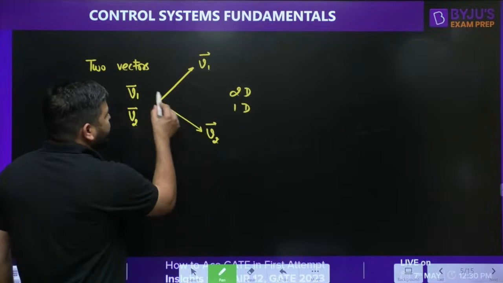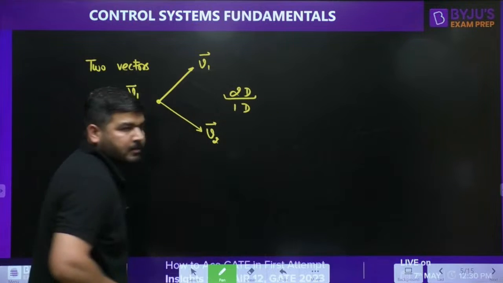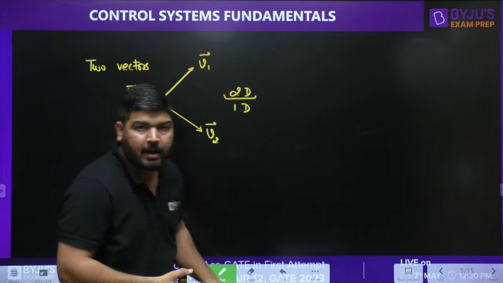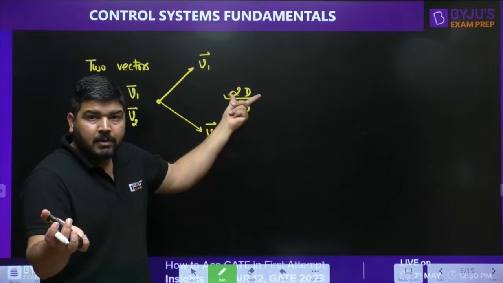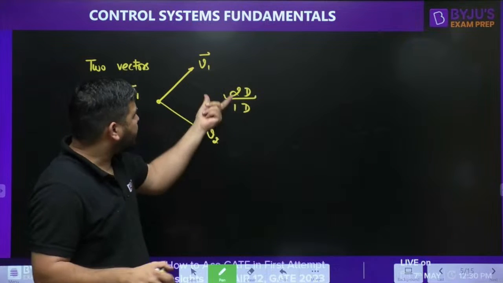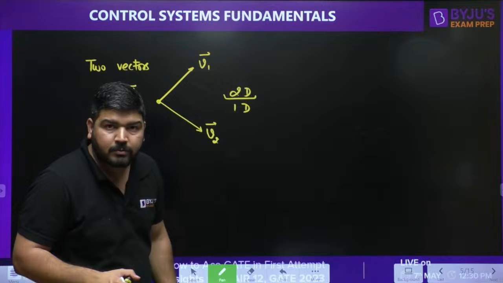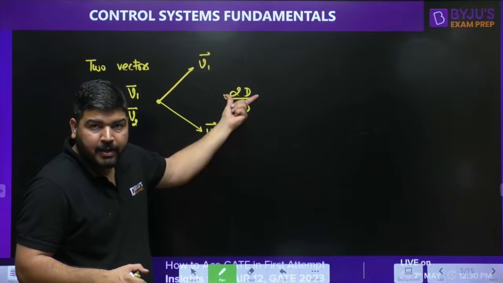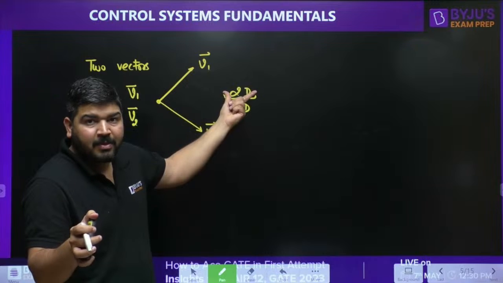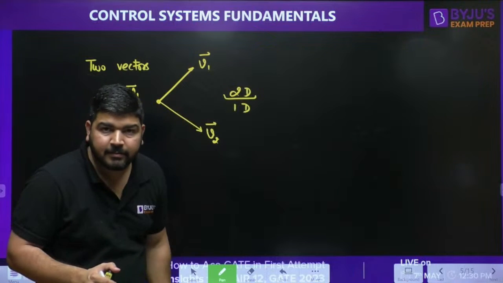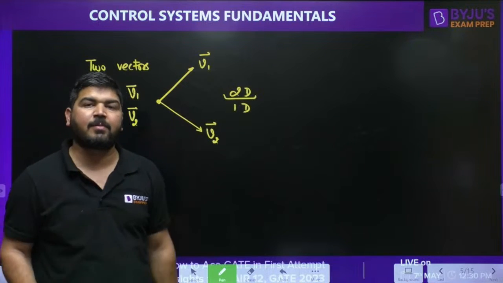Now, since the biggest span they can have is 2D, if the actual span is less than this maximum value, it means they are linearly dependent. It's a simple idea you can remember like this.